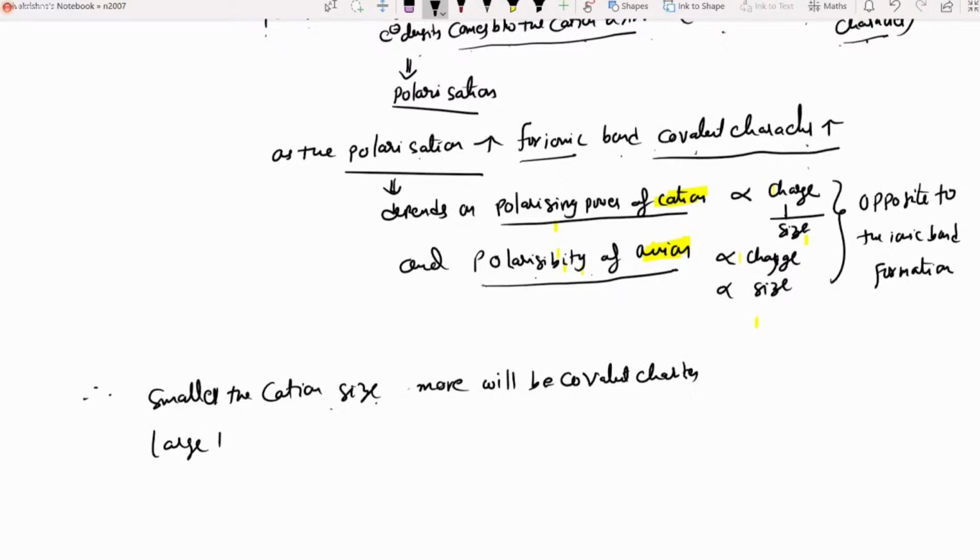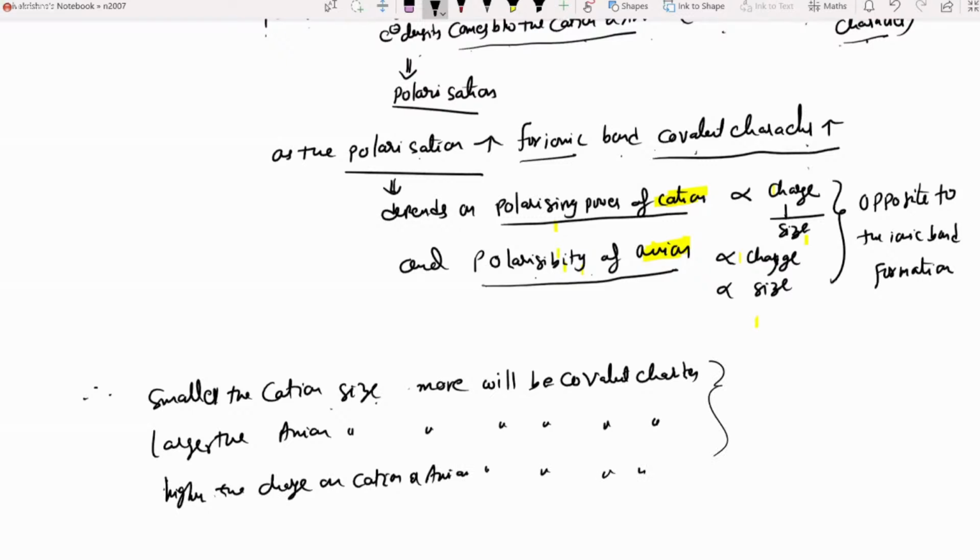Larger the anion size, more will be the covalent character. Number 3, charge. Higher the charge on cation and anion, more will be the covalent character.